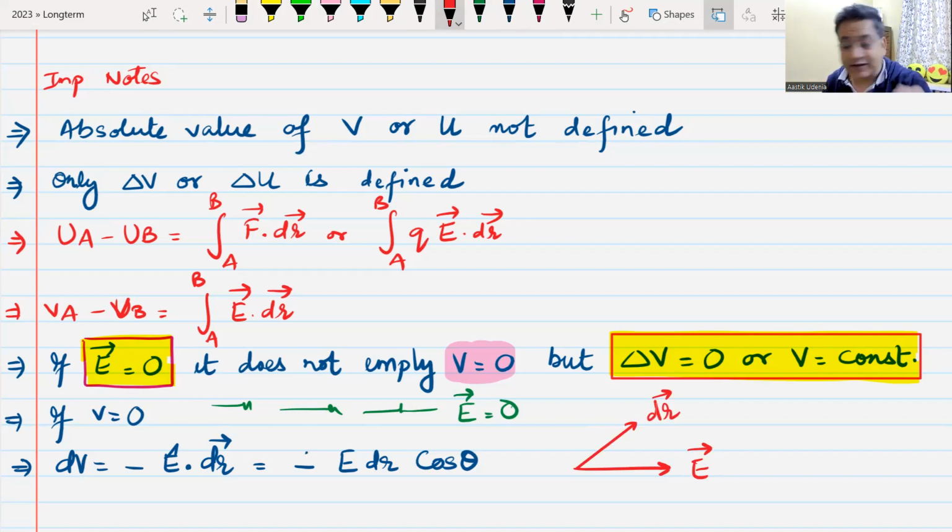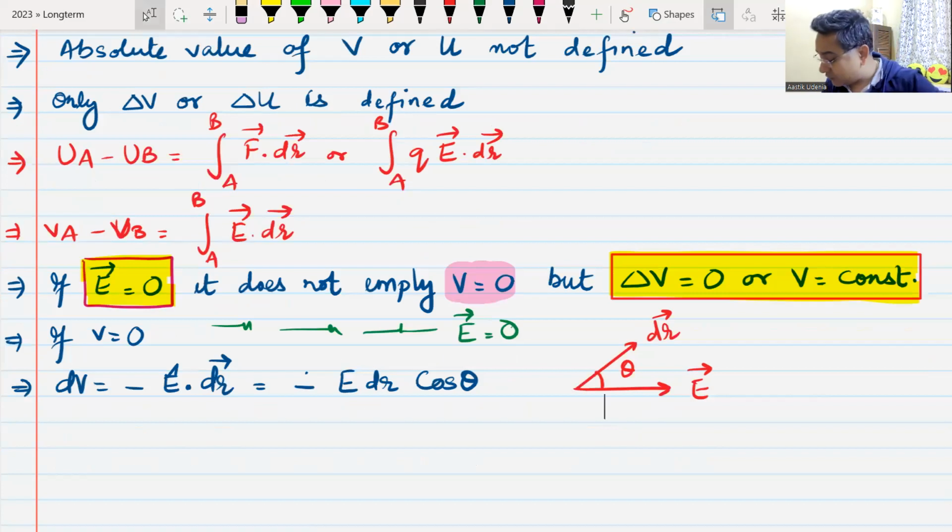Theta, apart from being a Greek alphabet, is the angle between E vector and dr vector. Now, dV is minus E dot dr, that gives me a very good result.